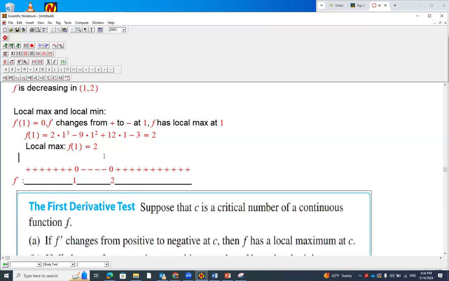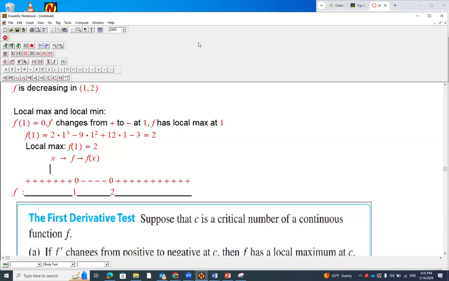In other words, if you see this as a function, there's the input. The input is x, right? The output is f of x, right? So when input equals 1, the function reaches its maximum, which is 2.